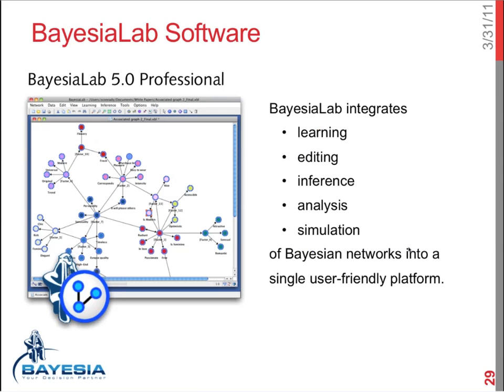So BayesiaLab becomes our platform that does everything from learning Bayesian networks, editing, making inference, analysis, simulation, all in a single user-friendly platform that's available for Windows, Mac OS X, Unix, Linux, you name it. It's a very, very universal tool. And Lionel will very shortly use BayesiaLab to then go through all these learning and analysis steps.